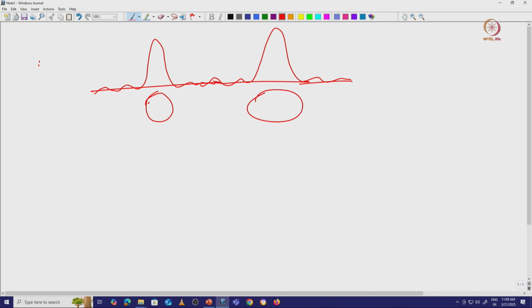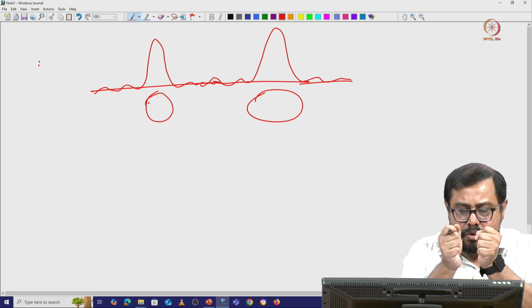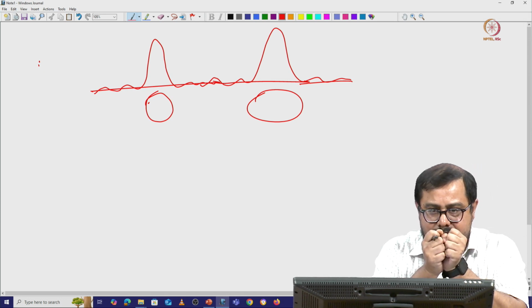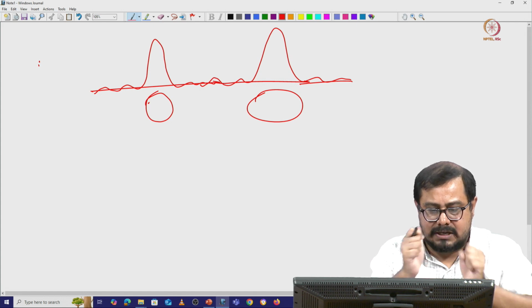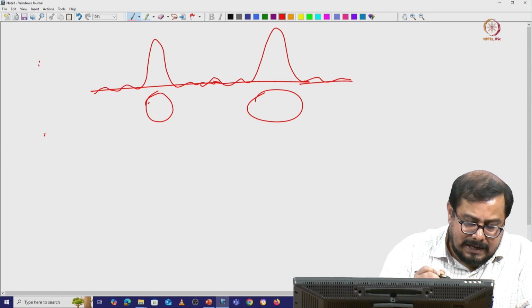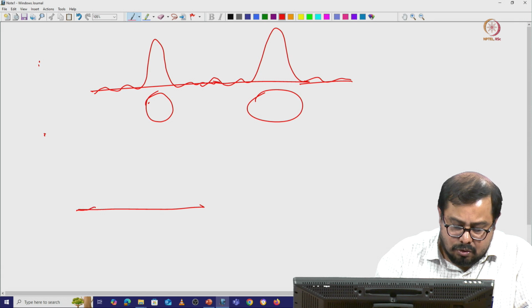So by our definition, resolving power is about when these two particles are very close to each other, even though there is a source of light, these two sources will be connected with each other. If these two points are like this, there may be three possibilities.